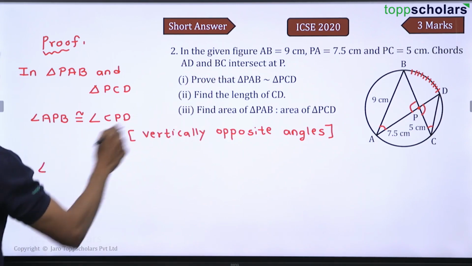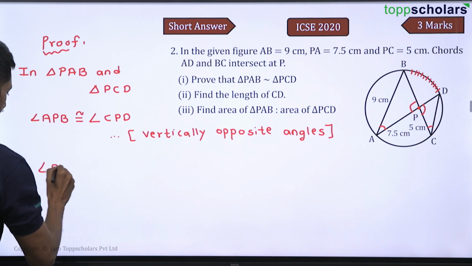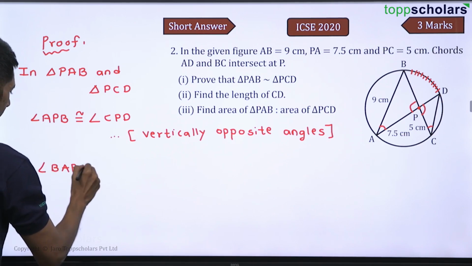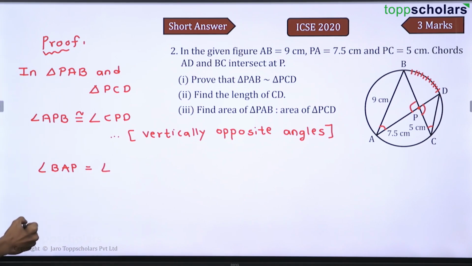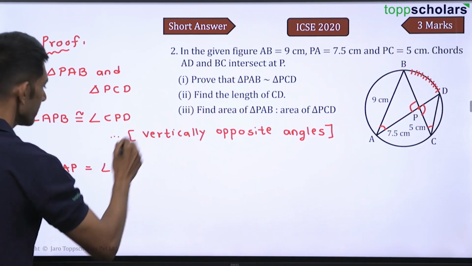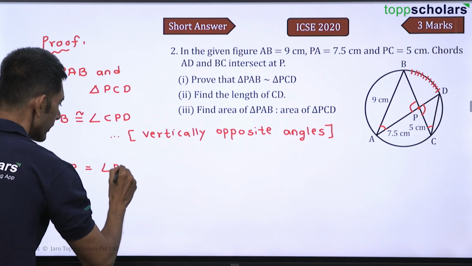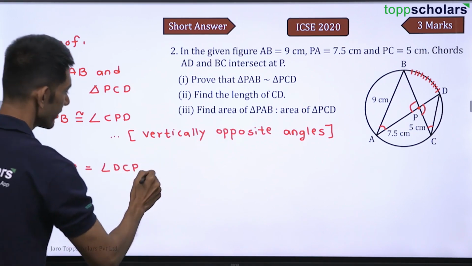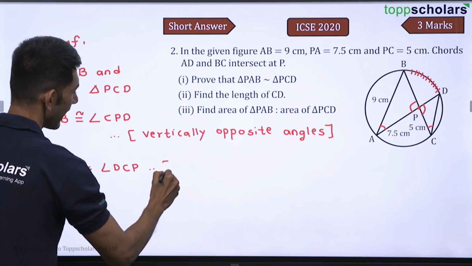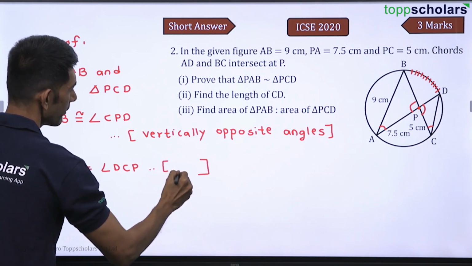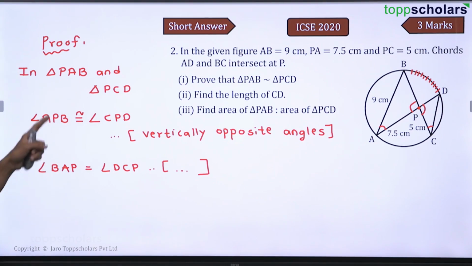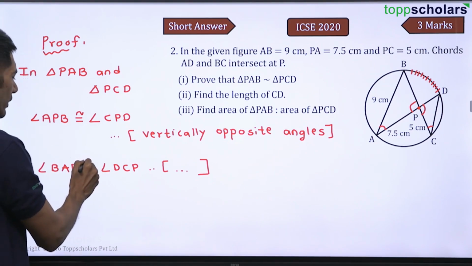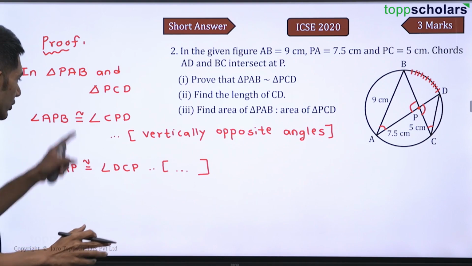So angle BAP is equal to angle DCP. Basically A and C are equal. So as I told you the reason, angles subtended by the same arc on the circle are equal. So the two angles are equal or congruent. You can write down equal, you can also write down congruent, doesn't matter.